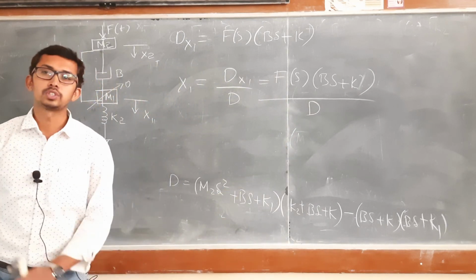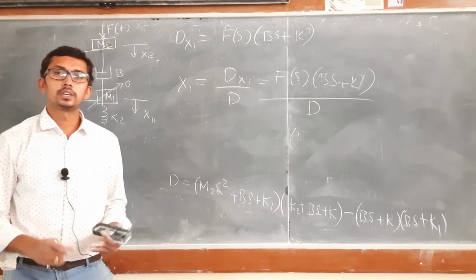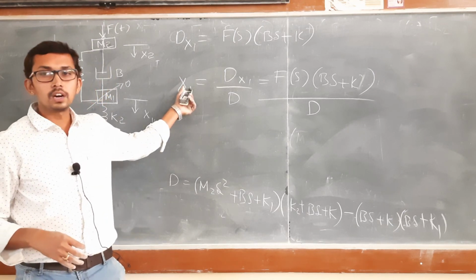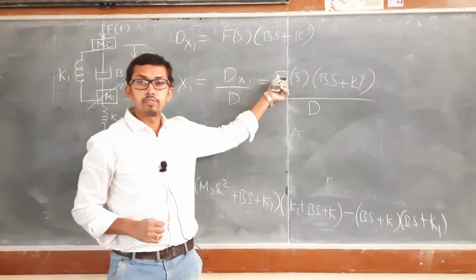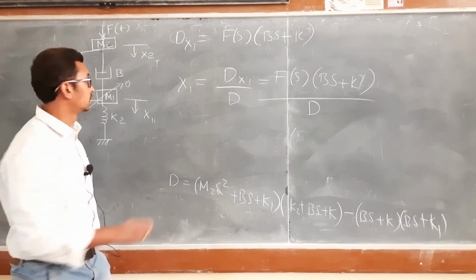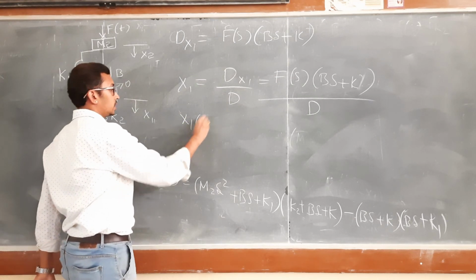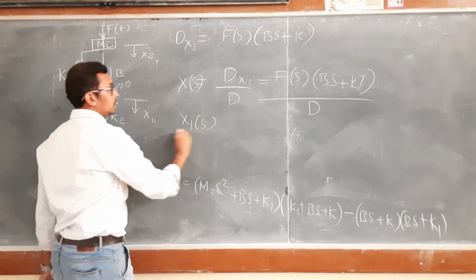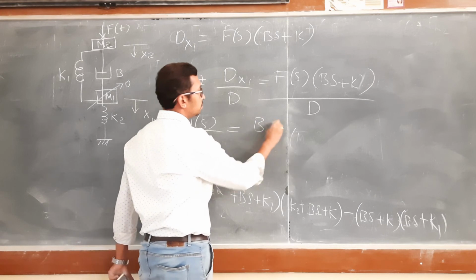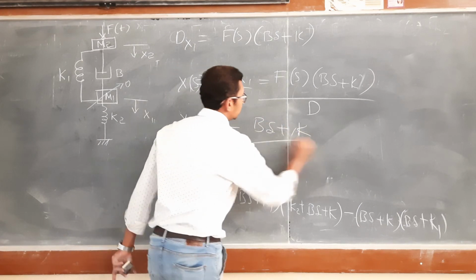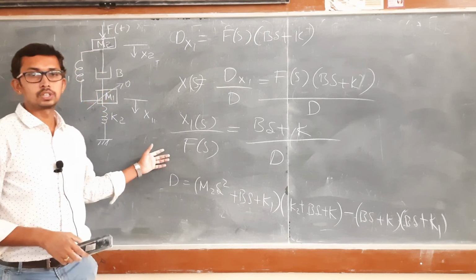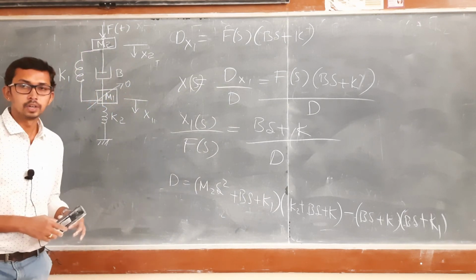What is the meaning of transfer function? It is output by input. What is the output? x1 is the output. What is the input? F of s is the input. So if I cross multiply this F of s, x1 of s divided by F of s is equal to bs plus k divided by d. So this is the transfer function of the given system.